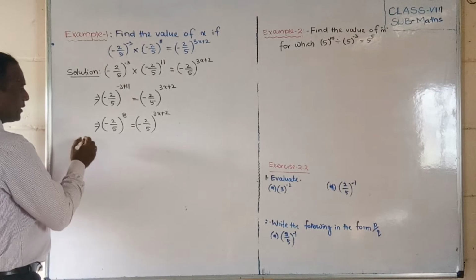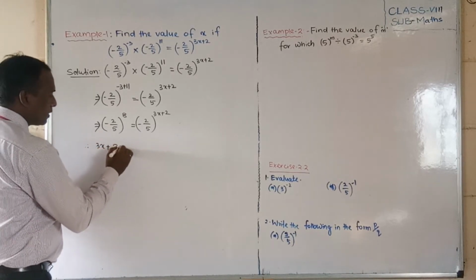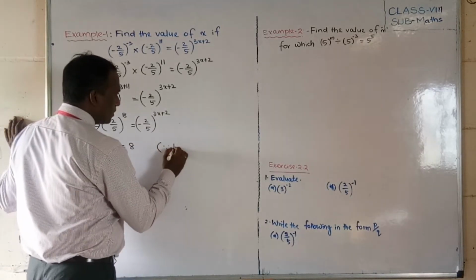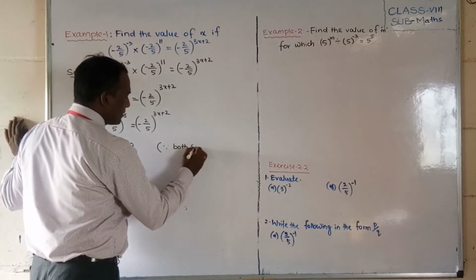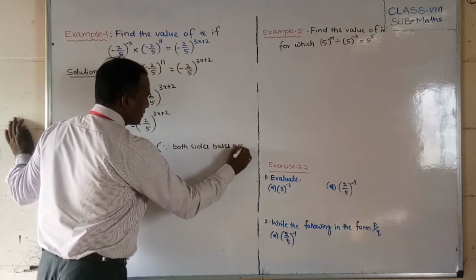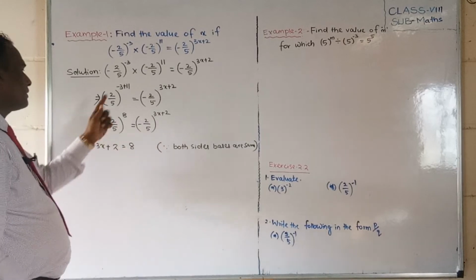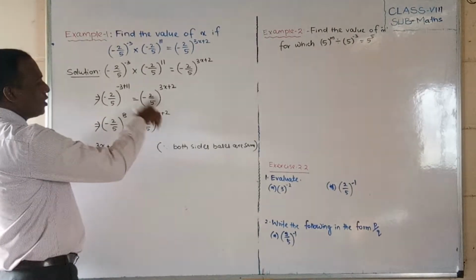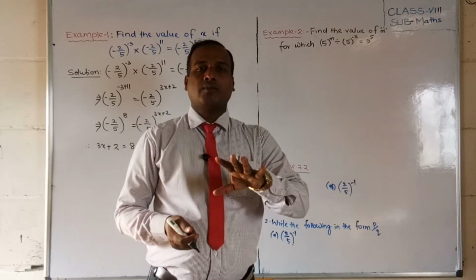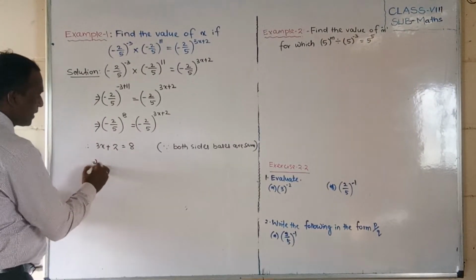So we can write 3x + 2 = 8, since both sides have the same base, and hence the powers are also equal. Remember this: when both bases are the same, the powers should be equal.